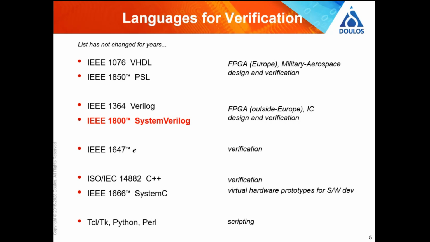And then at the bottom, we've got various software languages that you can either use, in the case of C++ and SystemC, for modeling your design in a high level abstract way, or generating inputs for your test. And then the final category at the bottom, various what you might call scripting languages.